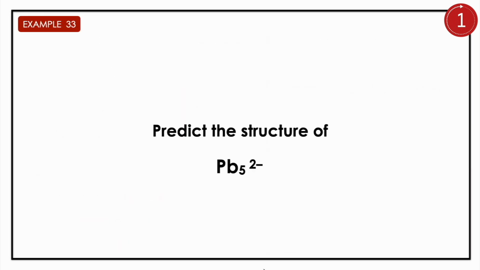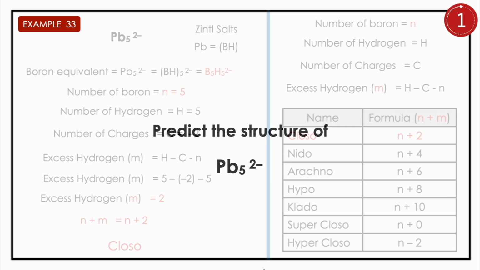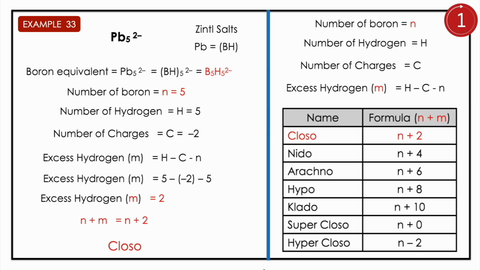Then the next example, you have Pb5 2 minus, which is a lead metal cluster. You should find the structure of the molecule using Wade's rule. Here you have the lead cluster Pb5 2 minus, which is technically a Zintl salt.